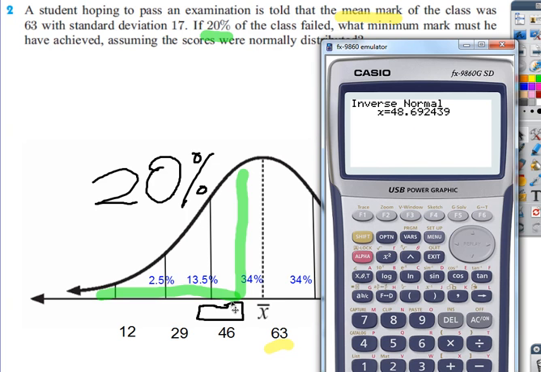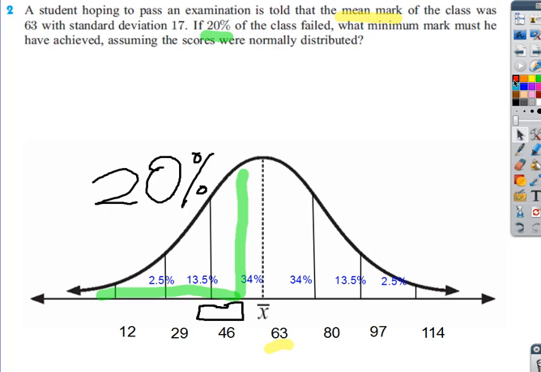So that means that we're looking at a score here of 48.69. Okay, that's what that number relates to. So if we come to here, it gives us a grand total of 48.69.